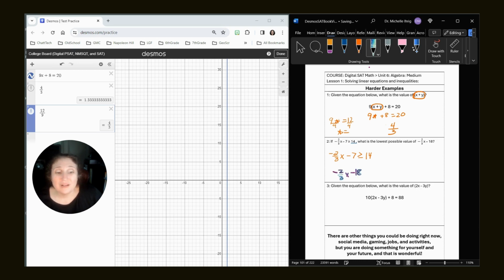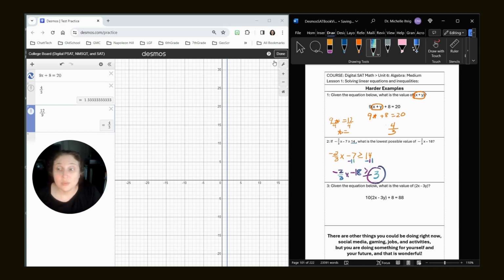And you could have been, well, I need to subtract 11. Because negative 7 minus 11 is negative 18. But remember, in algebra, if we subtract something from one side, we have to subtract something from the other side. So 14 minus 11 gives us 3. So that would be the lowest possible value.